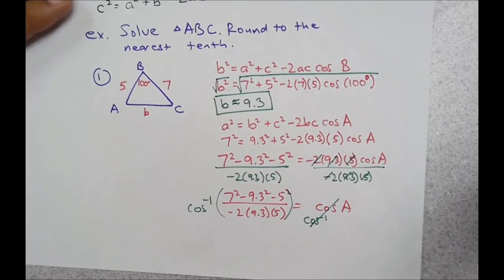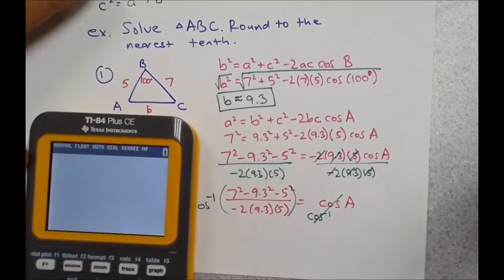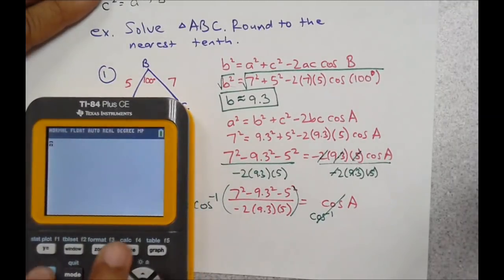So I'm going to put it in my calculator all in one shot. To put it in, you have to hit the second cosine button so the minus 1 shows up. I'm actually going to go in and put in a fraction to make it easier for myself. On the top, I have 7 squared minus 9.3 squared minus 5 squared, all divided by negative 2 times 9.3 times 5.